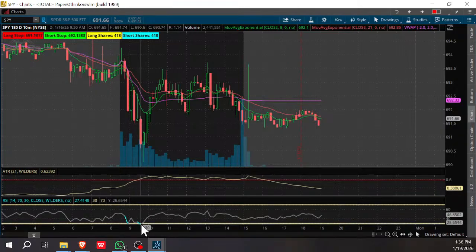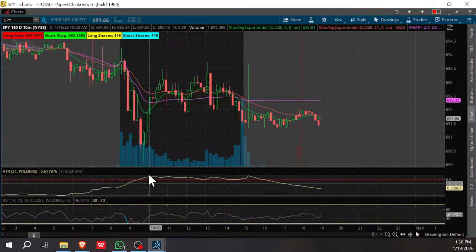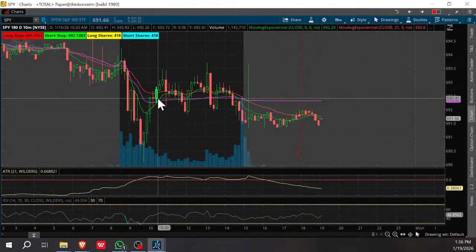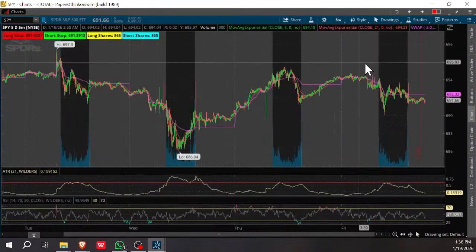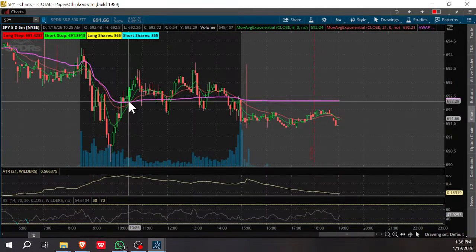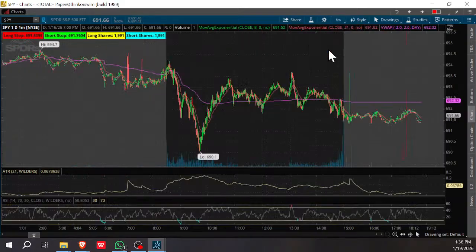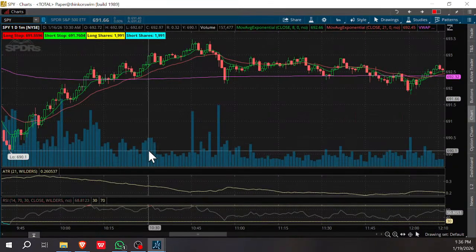Also, I'm gonna be watching the RSI y luego ya el breakout to confirm. Pero I also can use the 5-minute for the breakouts, or the 1-minute for confirmation.